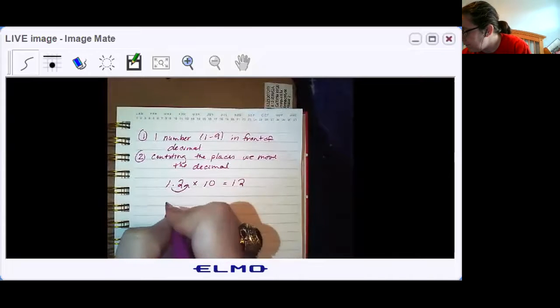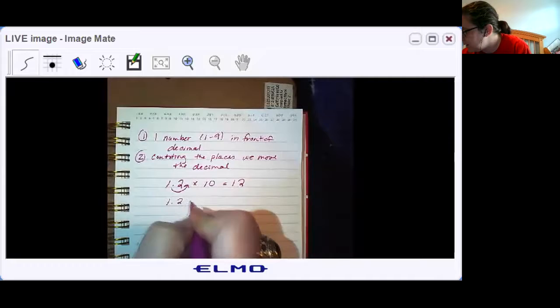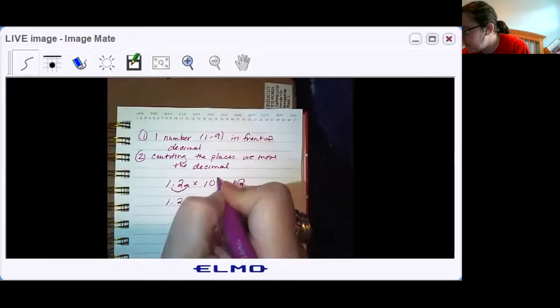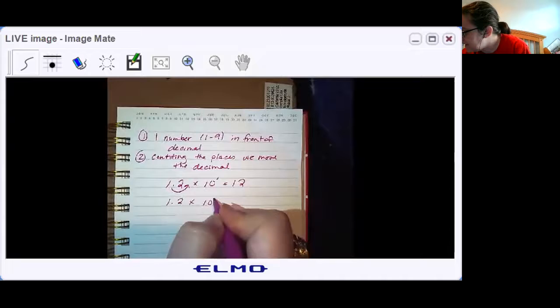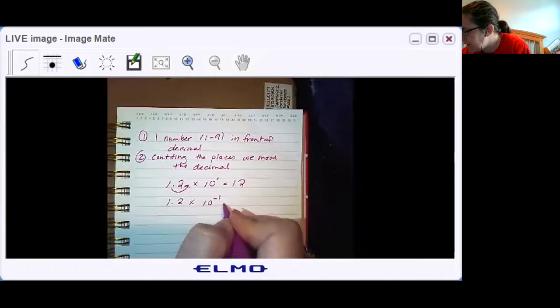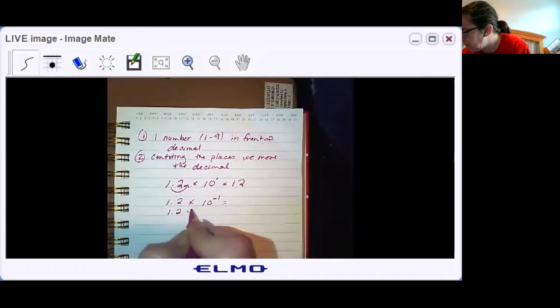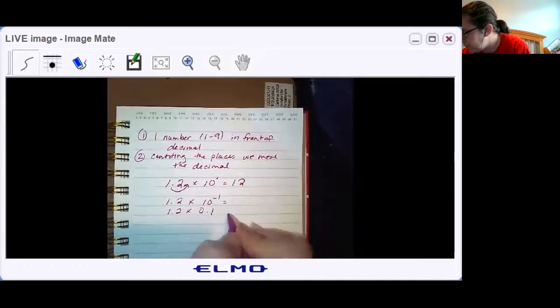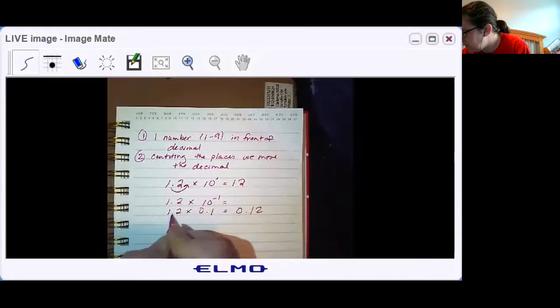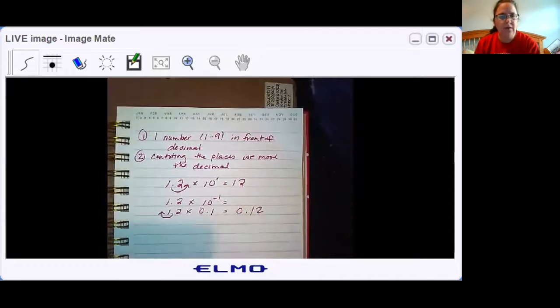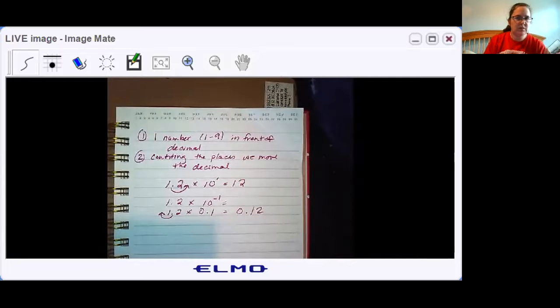But 10 and 10 to the 1 are the same thing. 1.2 times 10 to the negative 1 becomes 1.2 times 0.1, which gives me 0.12. It moved it this way. So knowing which one's positive and which one's negative is going to help us out.